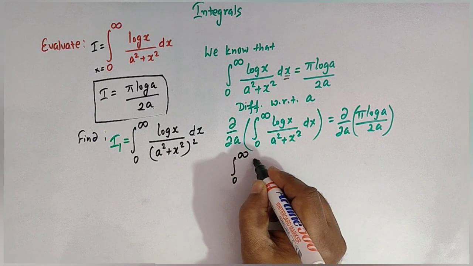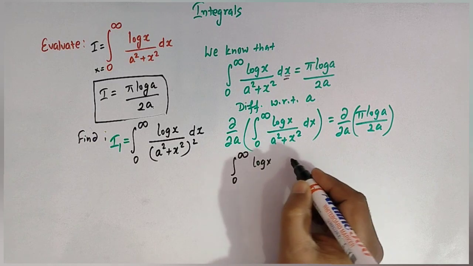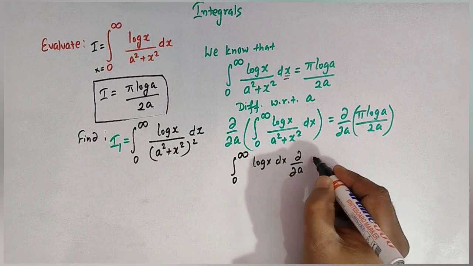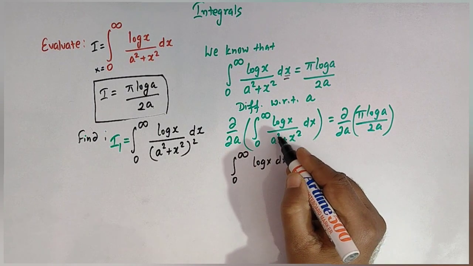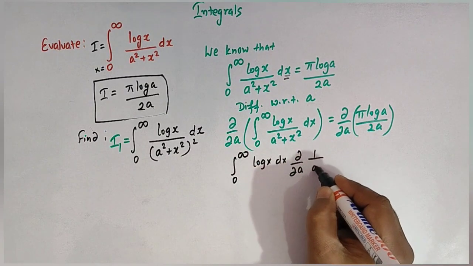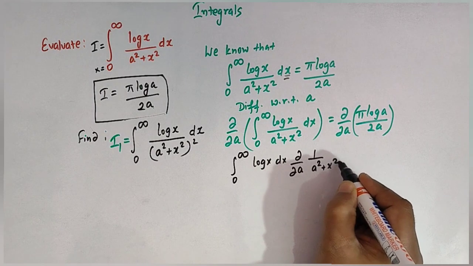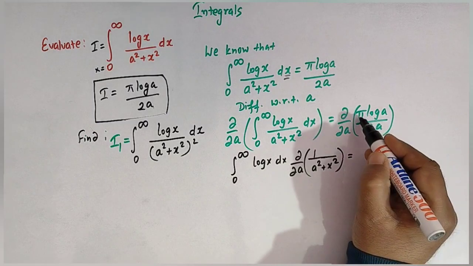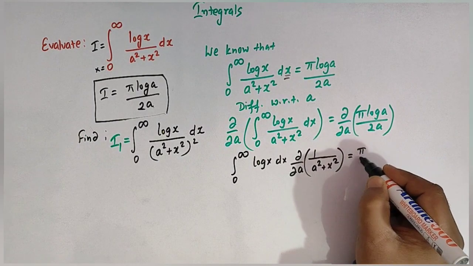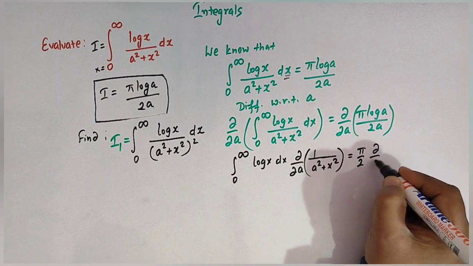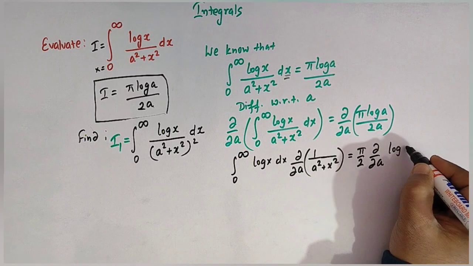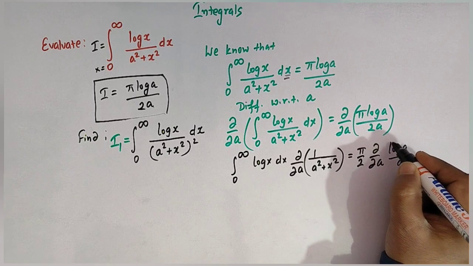So now we can write 0 to infinity, taking this operator inside. So we have log x dx, and we have del over del a of 1 over a square plus x square, right? Here pi by 2 is a constant, so we can take it outside, and here we have del over del a of log a over a.